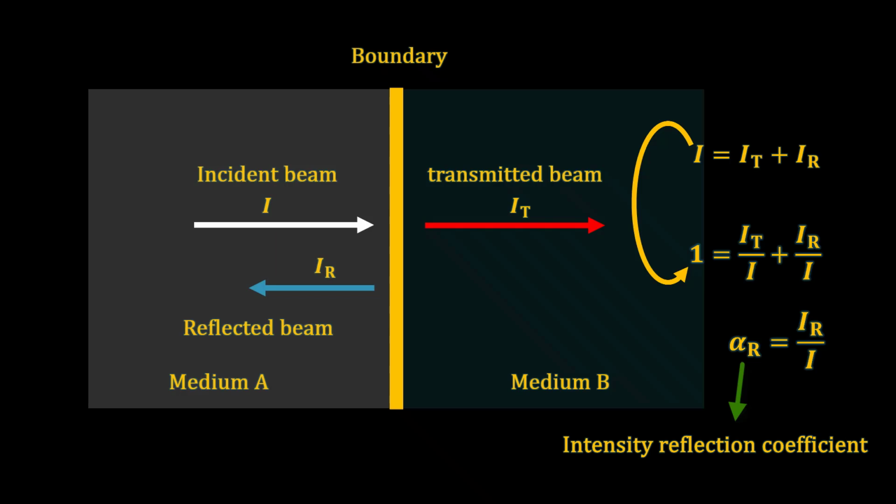This quantity basically tells us the fraction of the incident intensity that is reflected off the boundary. This quantity is related to the specific acoustic impedances ZA and ZB of the two media.